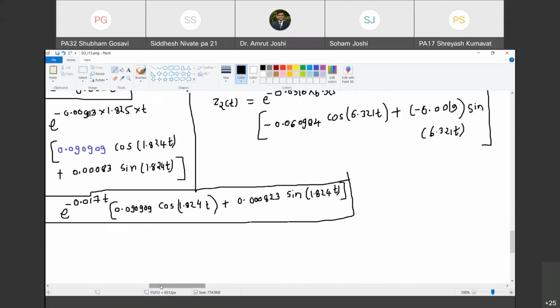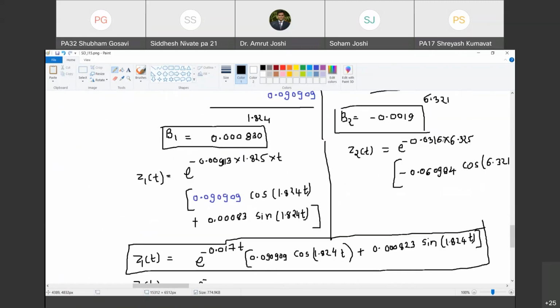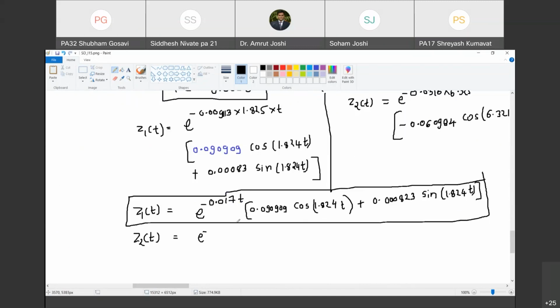Now we are going to write down Z2 of t just below this by further simplifying it. So it is e raised to minus. Can you tell me what this product is? 0.0316 multiplied by 6.325 is 0.199, if I am correct.